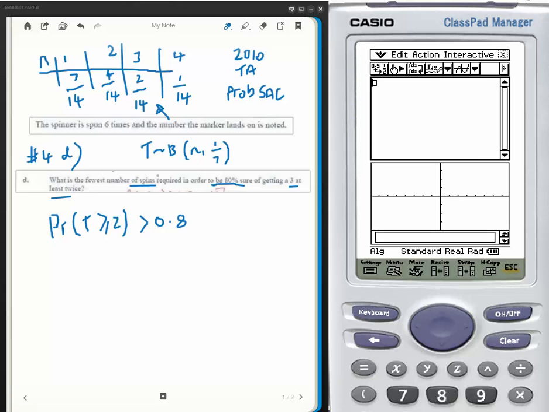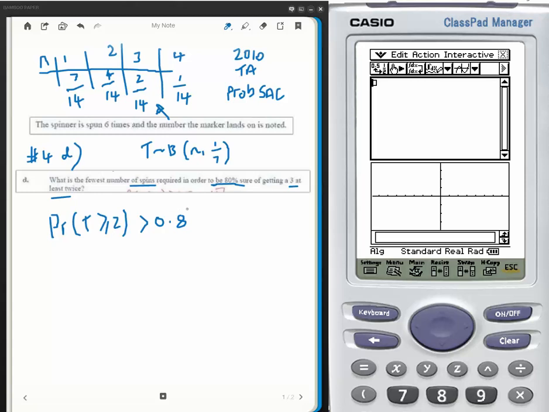T is a binomial distribution because t is the number of 3s that I spin. The probability of getting a 3 is 1/7, and I don't know how many spins there are because the question said, what is the fewest number of spins required in order to be 80% sure of getting a 3? Okay, that's the structure that I have.